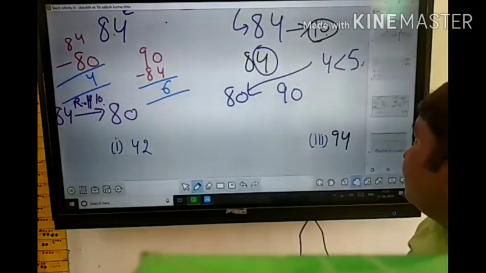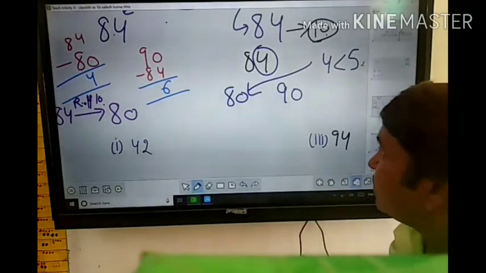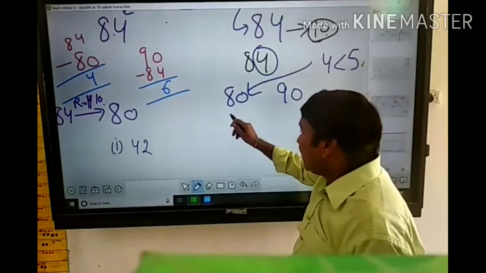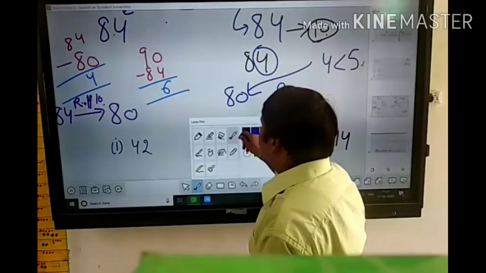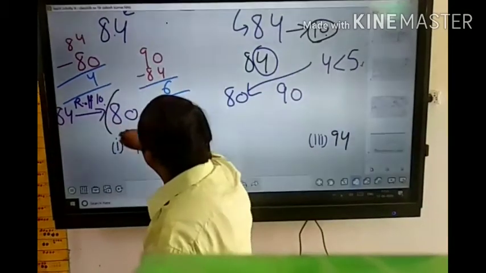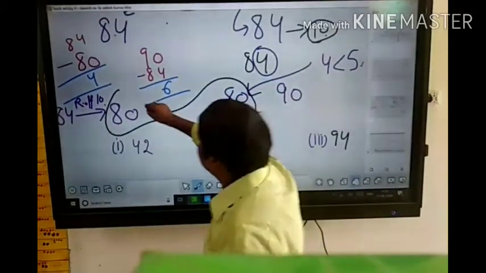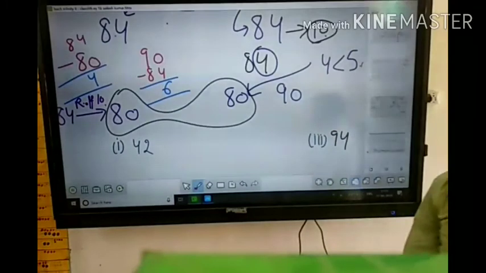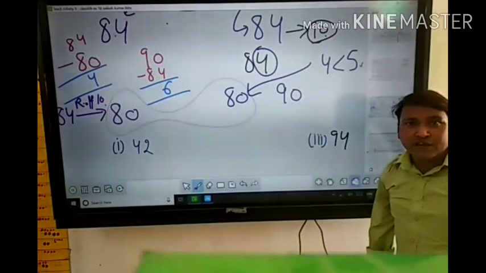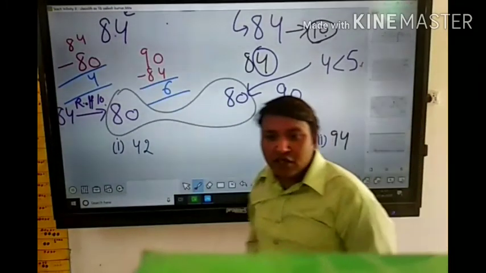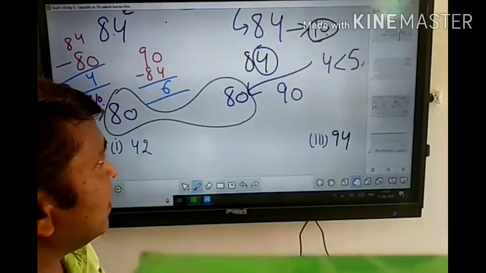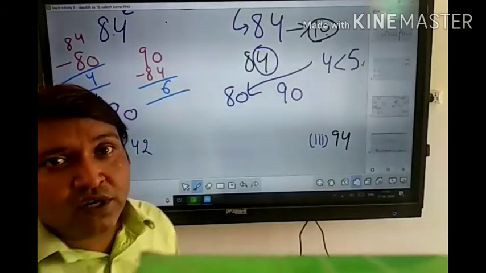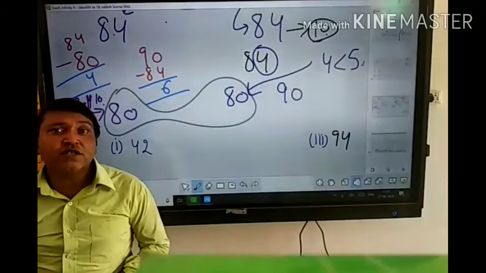In both the cases you will observe the answers are 80. You can adopt any one method as per your convenience. This method works for every type of rounding off to the nearest 100 or the nearest 1000 also.